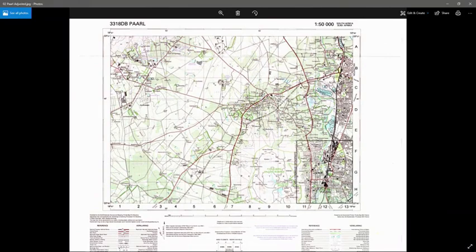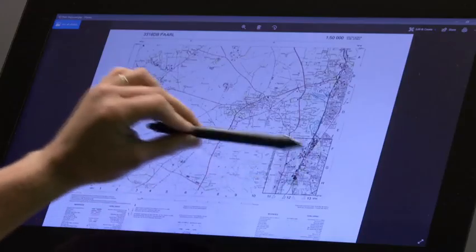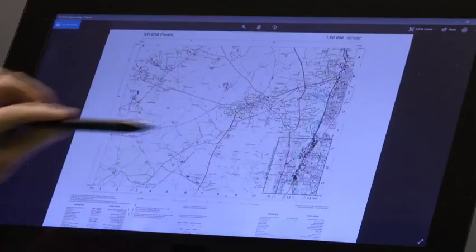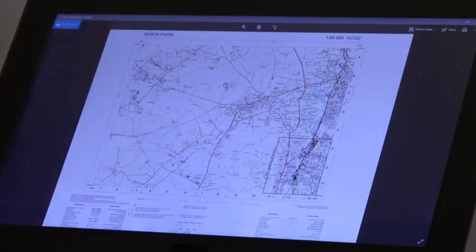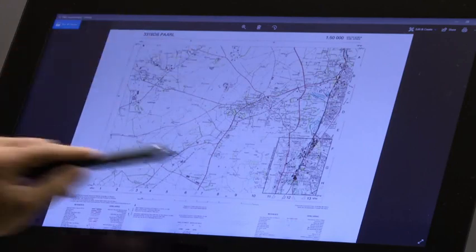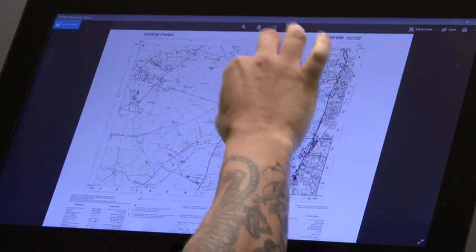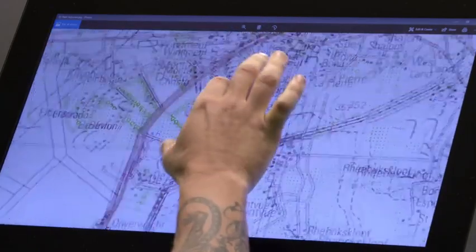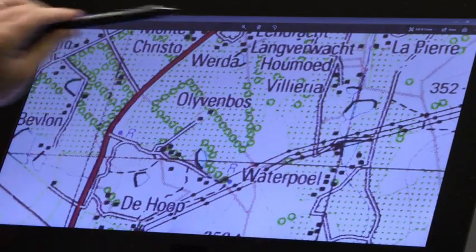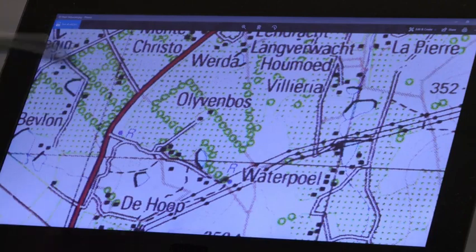If you look at Paarl, there's the town Paarl. If you look at the surrounding area, it's mostly rural areas. It's a rural area because what type of activities are taking place? Look at it. If you look over here, a lot of farming activities are taking place surrounding the town of Paarl. So immediately, what type of settlement is Paarl?